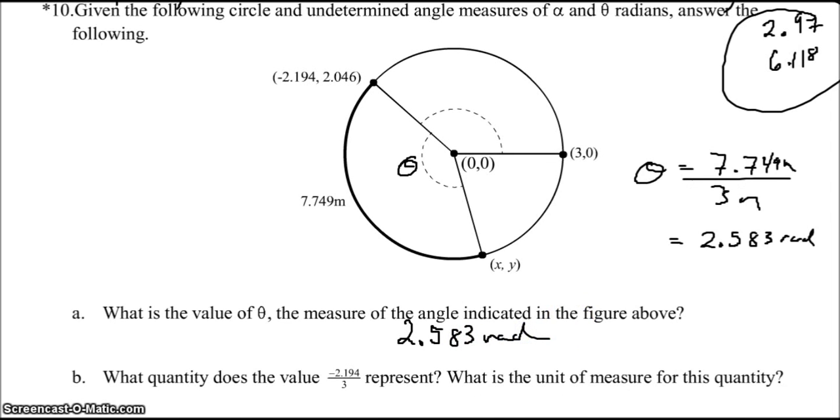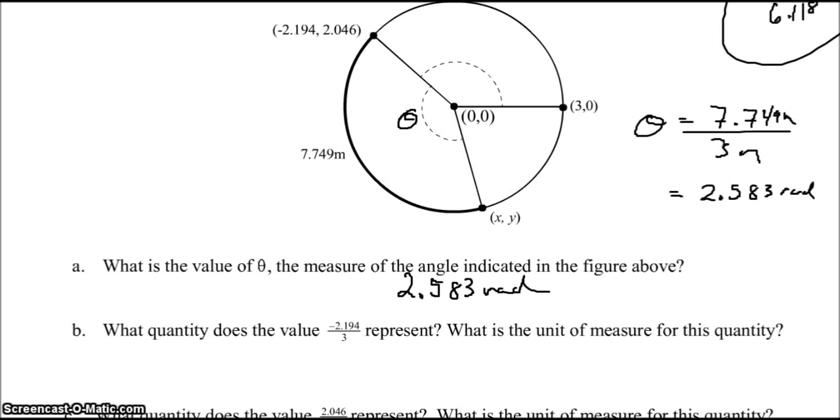What quantity does the value negative 2.914 over 3 represent? Well, that tells you the proportion of the radius that this horizontal distance is. Not that one, this one.